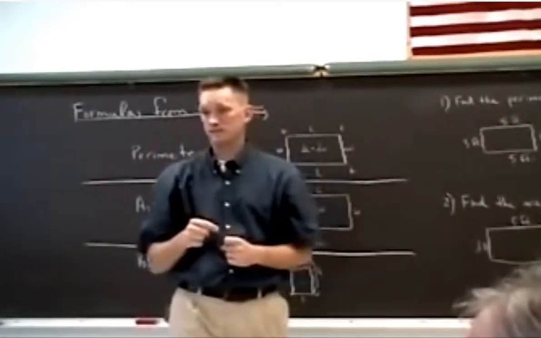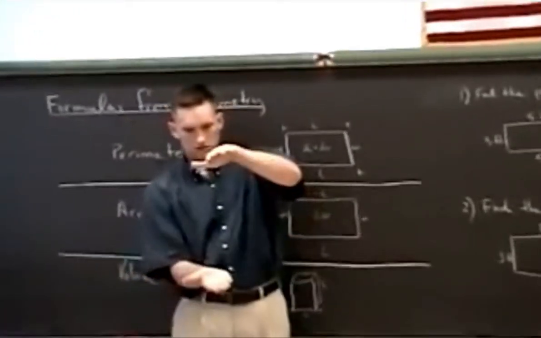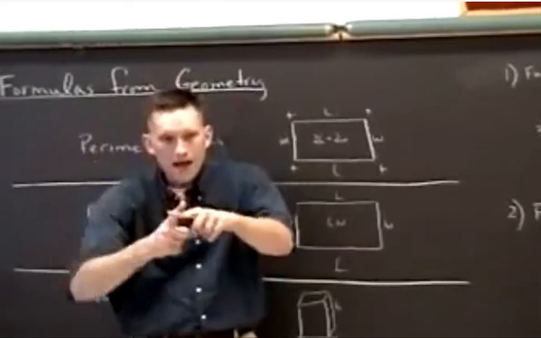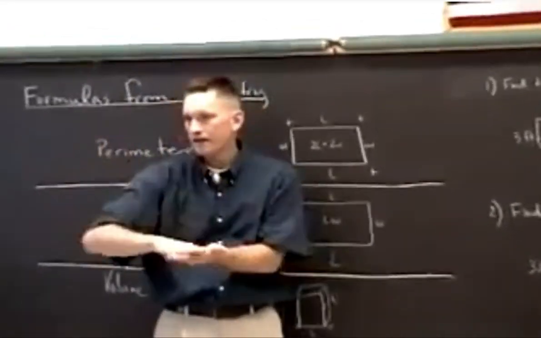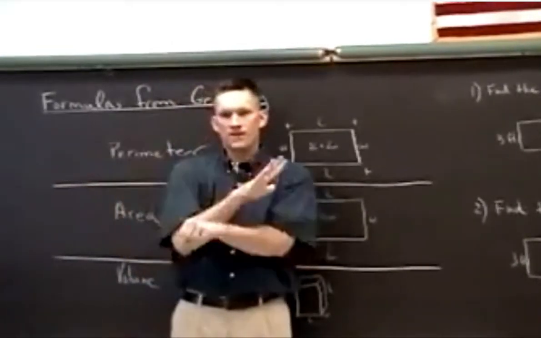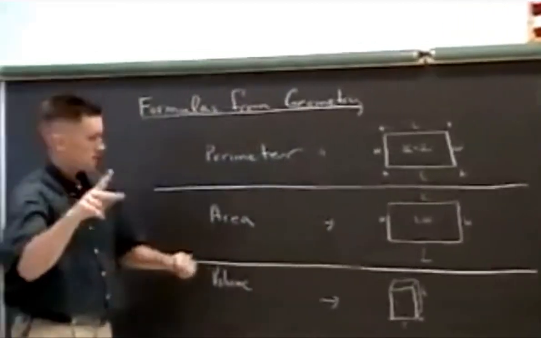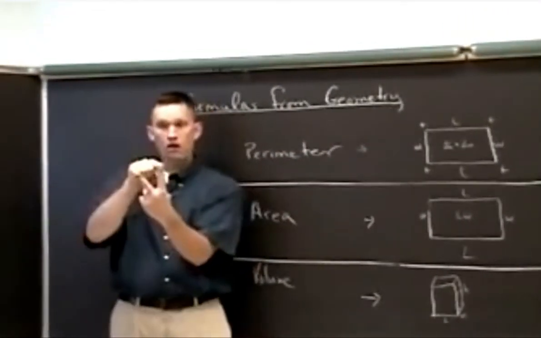And what could we use volume for? Right, so if we're talking about a box, we would add up the width, length, and height to find the volume, to get what we would fill up the box.